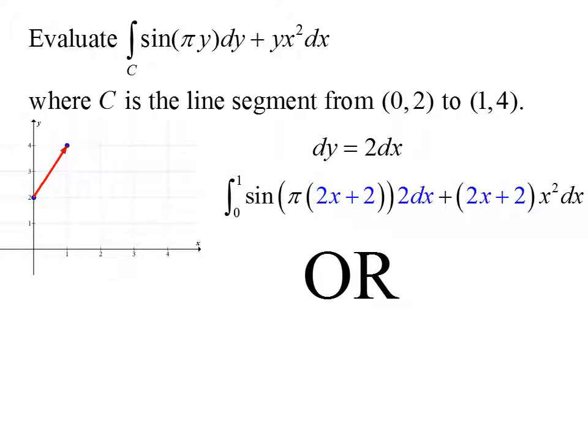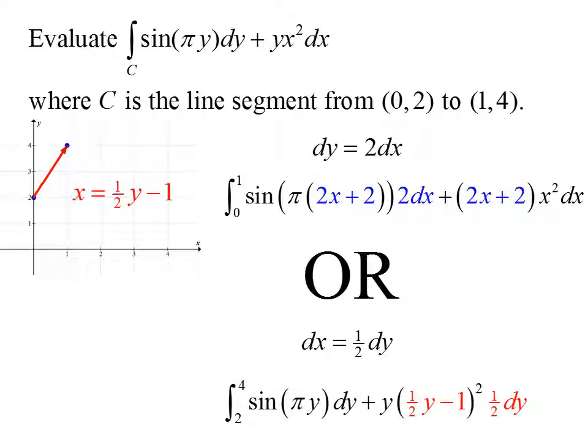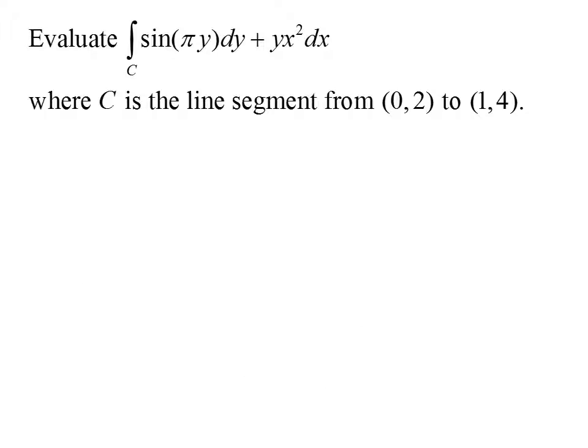Now, we could also write the equation of that line as x equals 1/2 y minus 1 and do the same thing that we just did. Find dx, replace all the x's with 1/2 y minus 1, replace the dx with 1/2 dy, and evaluate it that way. So either of those two integrals would give us the result we're looking for. Or we could parameterize the curve in terms of t's.